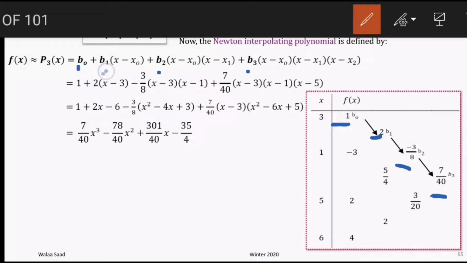Here it has to be times x, right? So times x minus x naught. And here it should be times x squared, so it's times x minus x naught times x minus x1, which is derived from the Taylor expansion, like we discussed in the lecture. And then we can distribute and combine the like terms up till reaching this decent shape of the polynomial of the third degree.